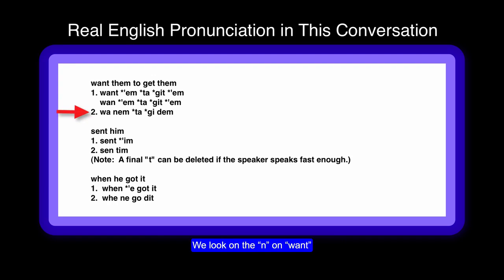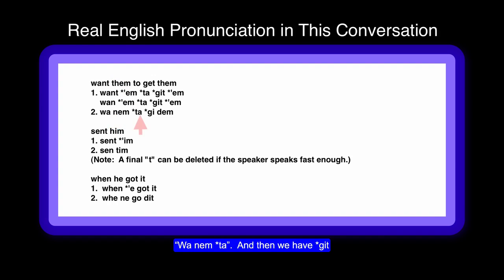Now we apply the sentence blending rules. We look at the N on "want," and actually a final T sound is often deleted. So it would be W-A-N-T and then 'em, but this final T sound is often deleted. So we're going to delete it, and the N sound is the last consonant we hear. A final consonant followed by a vowel will move to the vowel. So we get wanum.